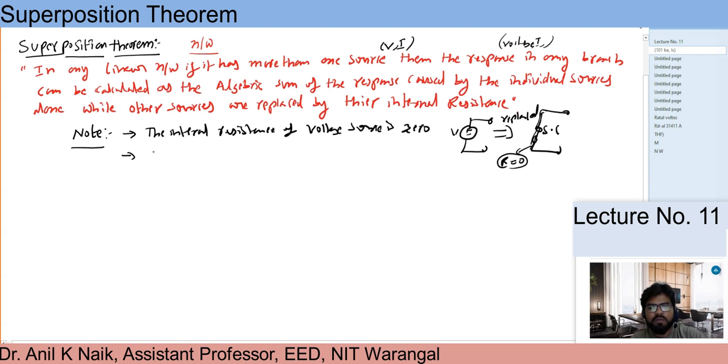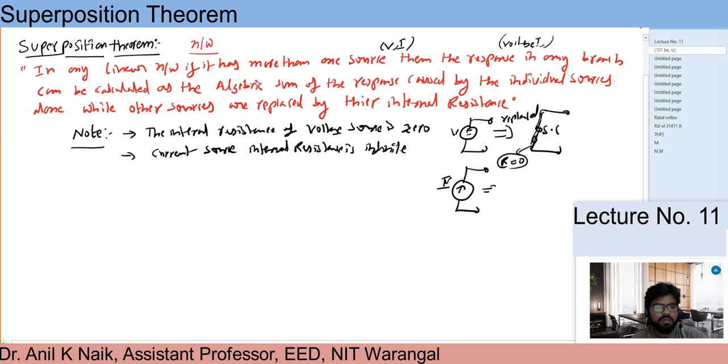And in case of your current source, the internal resistance is infinite. So your current source can be replaced with an open circuit, something like this.